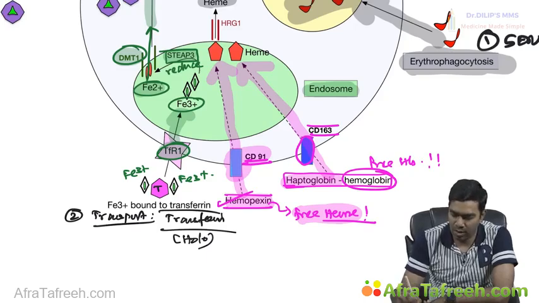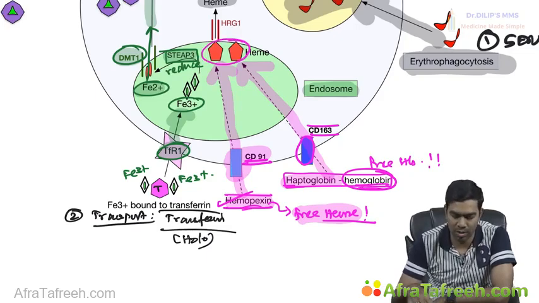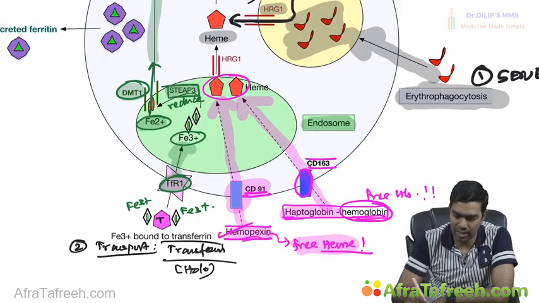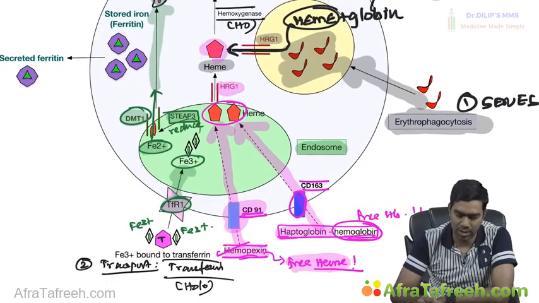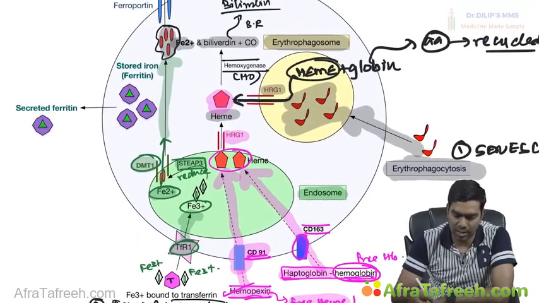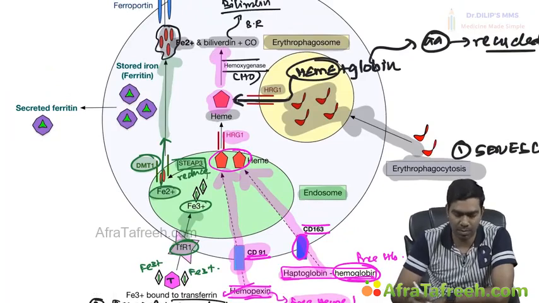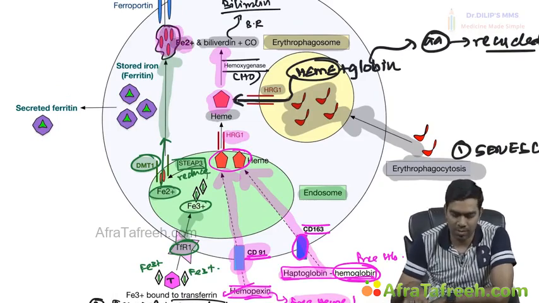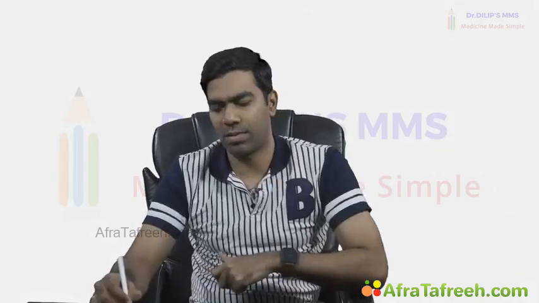And finally, both this hemoglobin as well as heme are going to form heme molecules, which are again transferred out by the same HRG1, transported outside, which enters the common heme pool. At the same time, they will be further converted to iron, biliverdin and carbon monoxide, where again this iron enters the common iron pool.